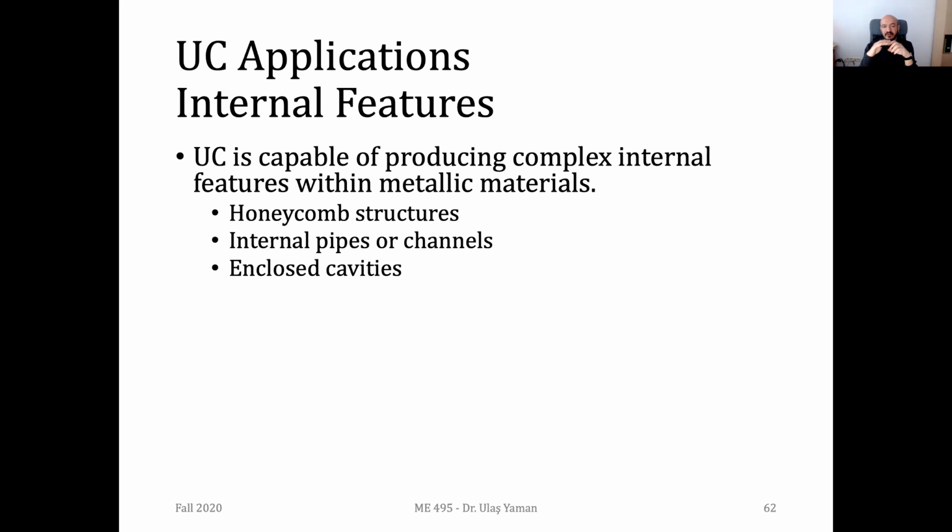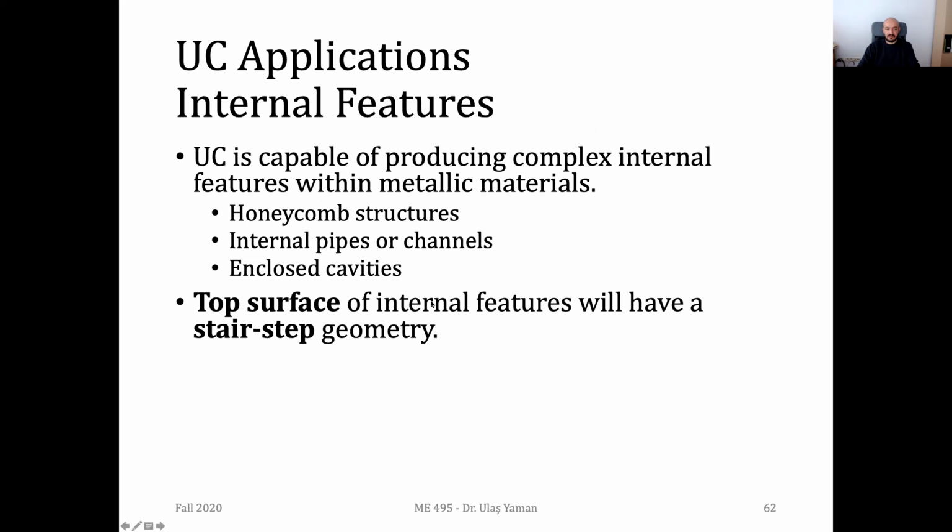If you remember, we were always manufacturing solid metal products with the metal additive manufacturing process. But with ultrasonic consolidation or UAM, we can have complex internal features, like we have seen in some examples. Some honeycomb structures can be produced, some pipes, or you may have some cavities.